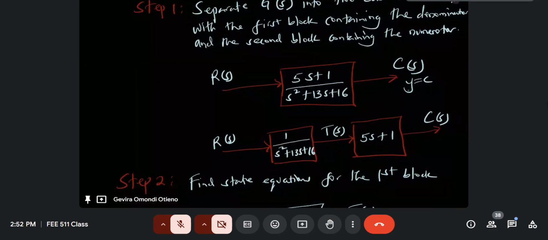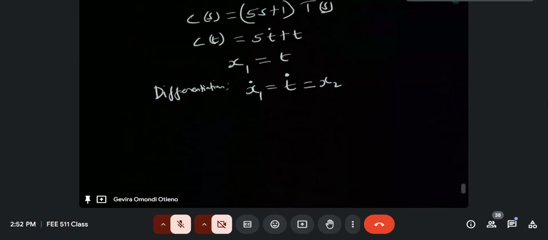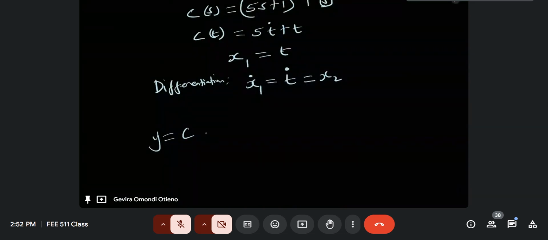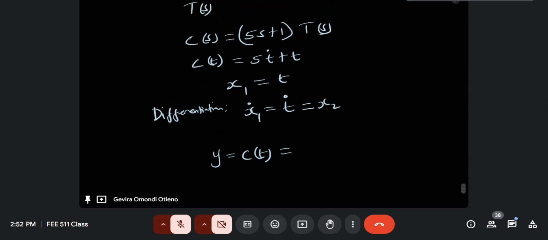Remember the equation usually says that the output equation is y equals C x plus D. So our y in this case is c of t, a small c, and it's the same as 5 times the derivative of t plus t, but we need this in terms of x1 and x2.